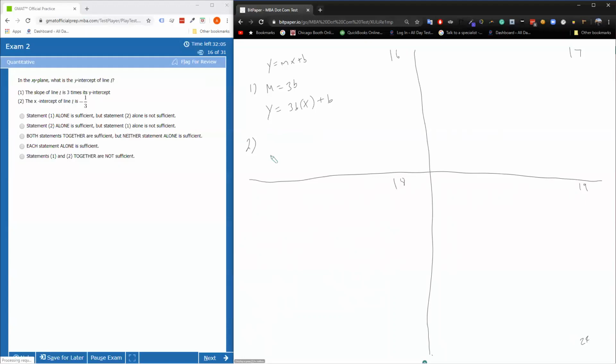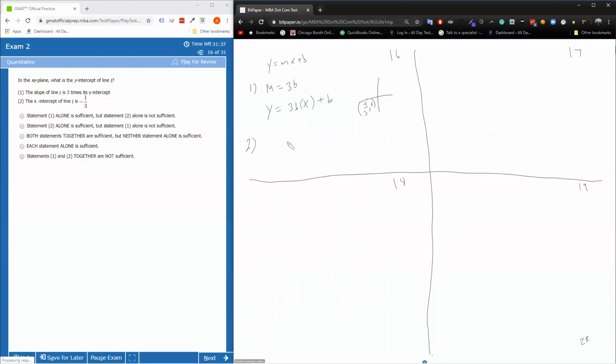Statement 2 says the x-intercept of line L is negative 1/3. So when y is equal to 0, x is negative 1/3. By itself, we need at least 2 points to get the y-intercept, though.